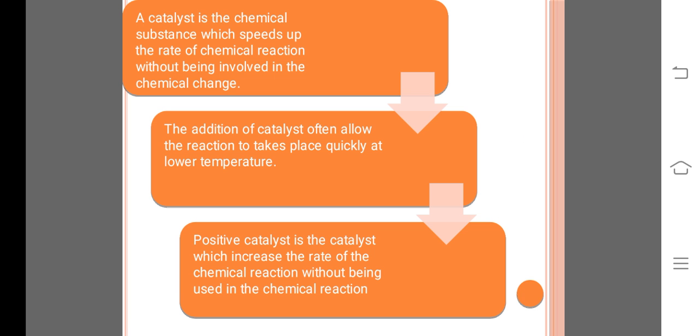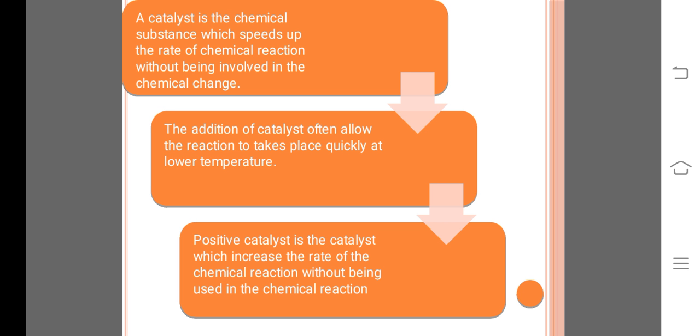Now another topic is catalyst. So what is a catalyst? Basically a catalyst will speed up the chemical reaction. If some reaction takes 5 minutes to complete, when you use a catalyst that time is reduced and the reaction will speed up.